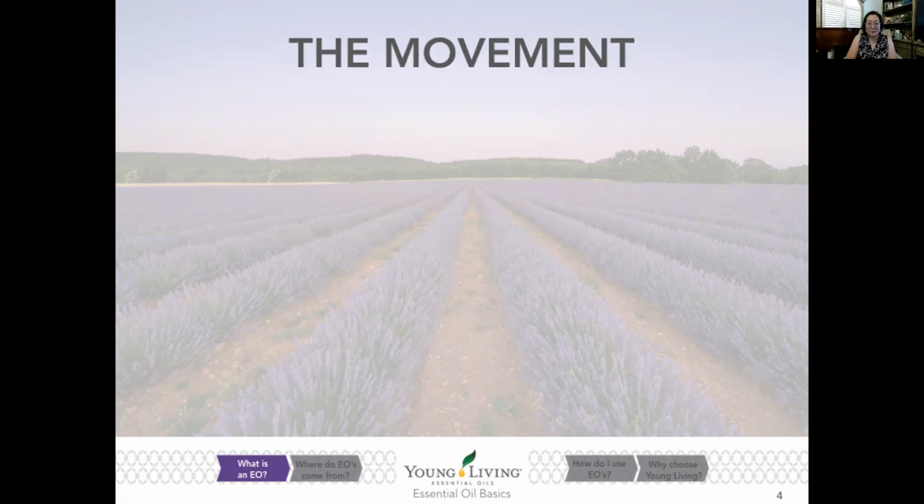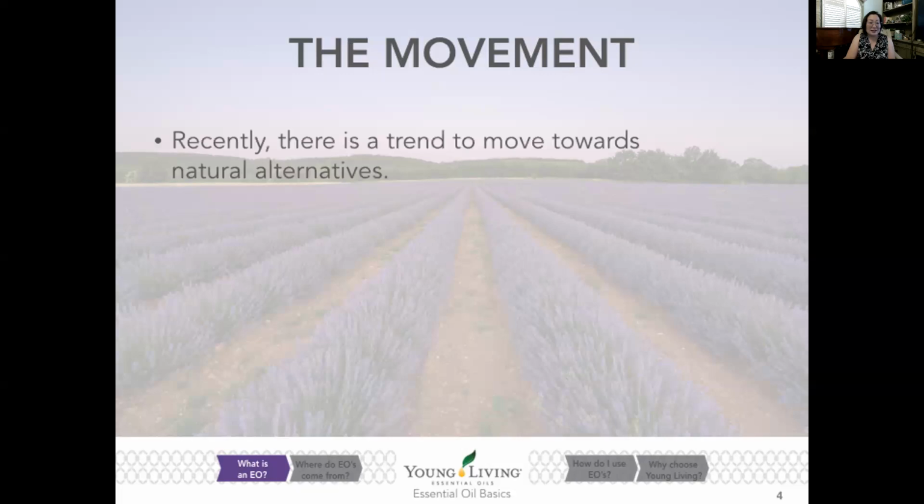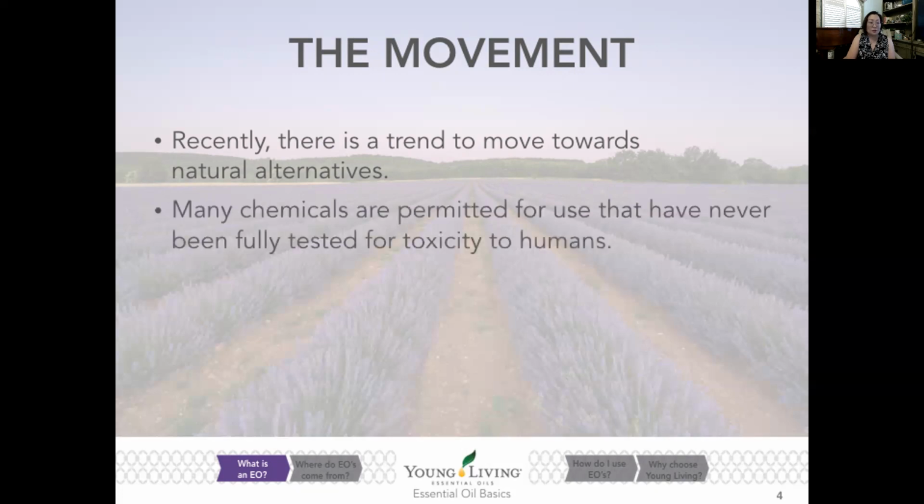So the movement, basically, what's the big deal? Why do we care about chemicals? Can't we assume that if a product is for sale, it's been tested and analyzed for our safety? Well, sadly, the answer is no. There's literally no way to assure that the products that we're using in our homes, in our products, in our air are safe. Not the EPA or the FDA, literally no one knows.